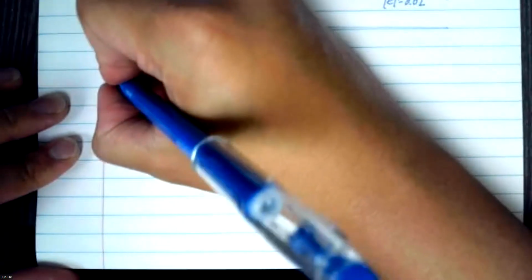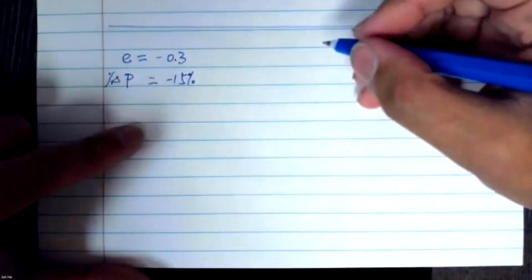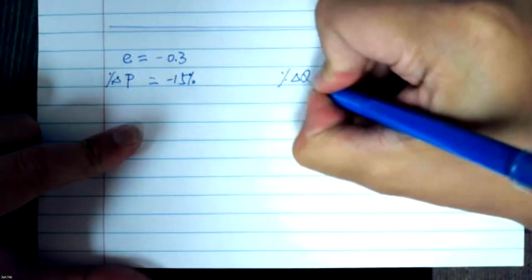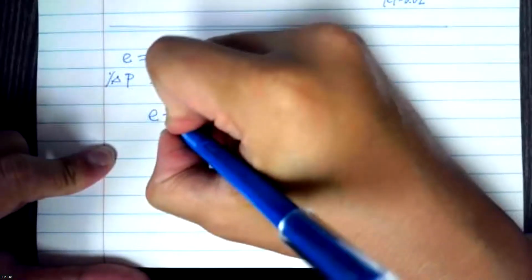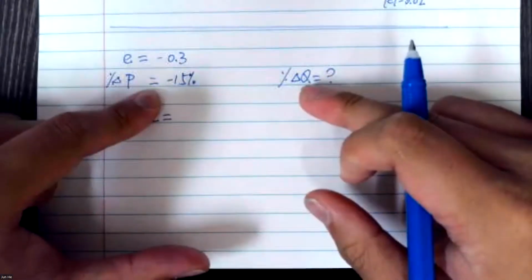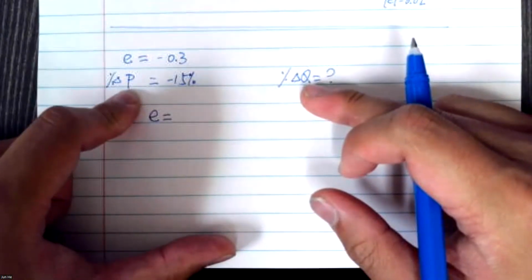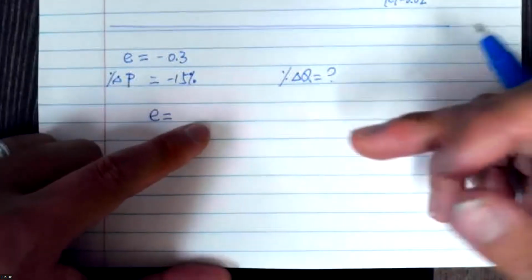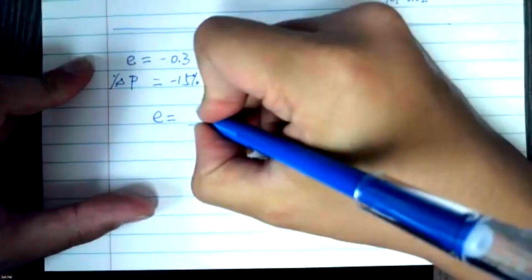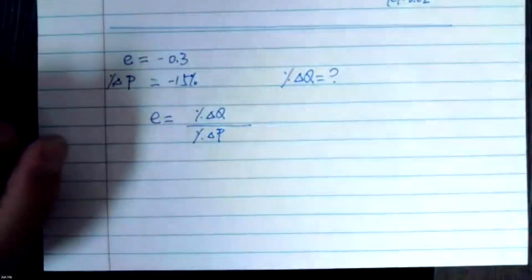That's a percentage change in price of minus 15. So what is the percentage change in the quantity demanded? Well, reading this question, we are only provided elasticity and the percentage change in price. So we are going to be using the percentage change version of the elasticity formula, which is percentage change in quantity over percentage change in price is elasticity.